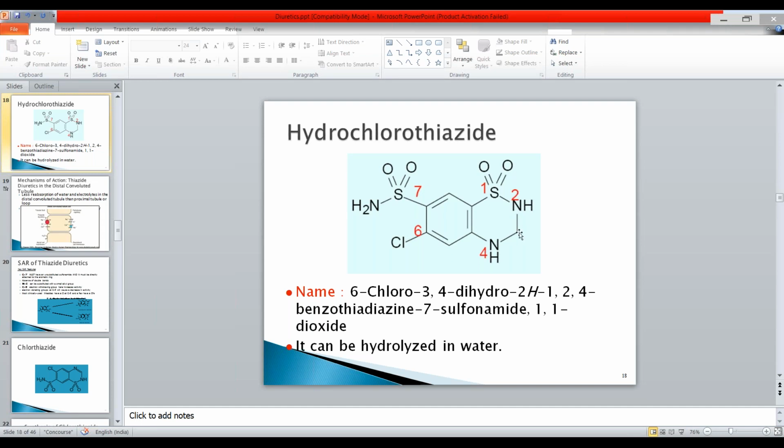So, the next point, substitution at the third position decides the potency and duration of action.